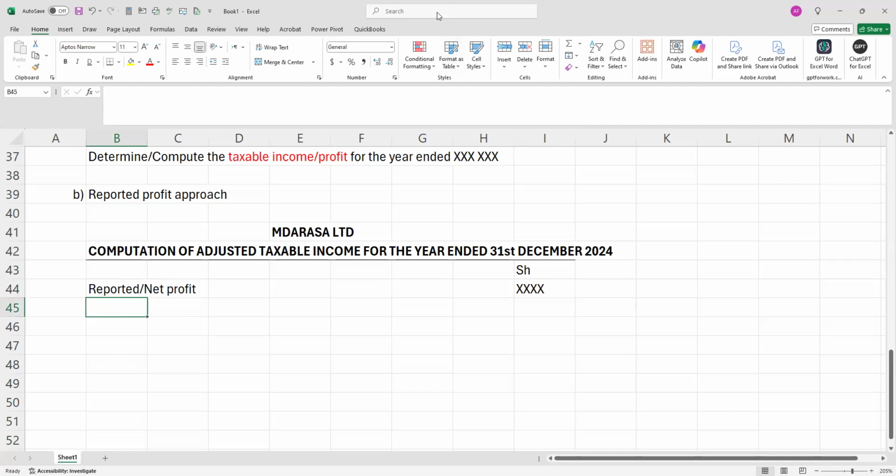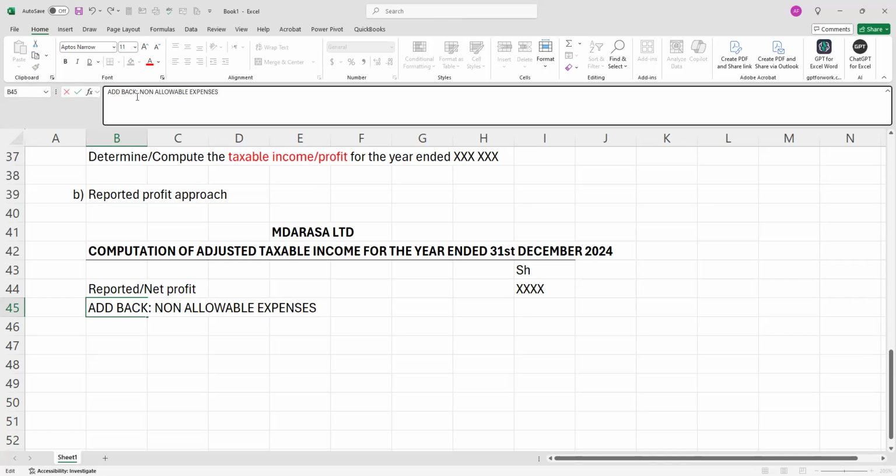There are expenses that were considered in financial accounting, but we don't recognize them in tax. So what are we going to do? We come and add back non-allowable expenses.